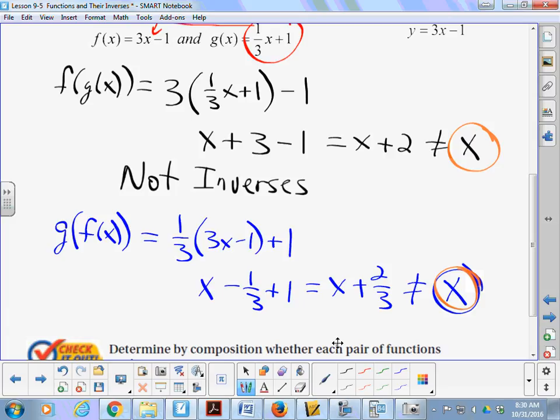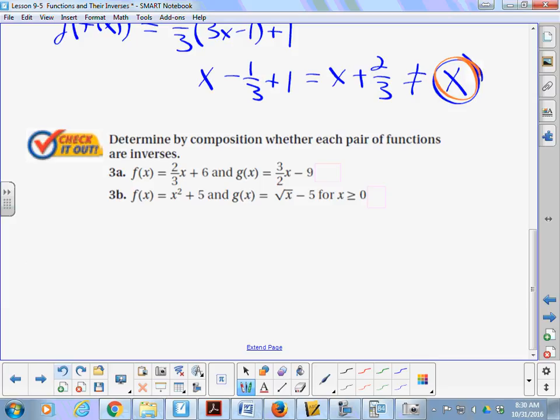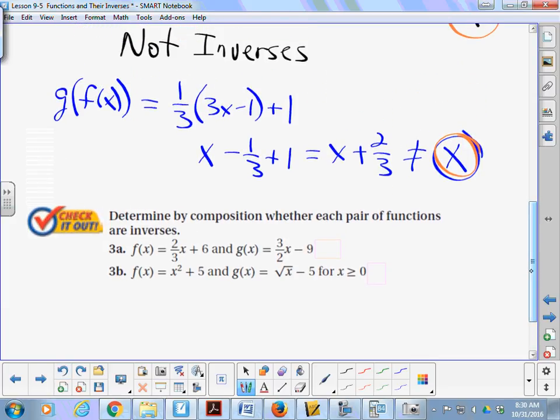But if one of them doesn't work, I don't have to do the other one. All right? It's already shown that it's not an inverse. All right, so you go ahead and just do 3a. Use composition to see if those are inverses.